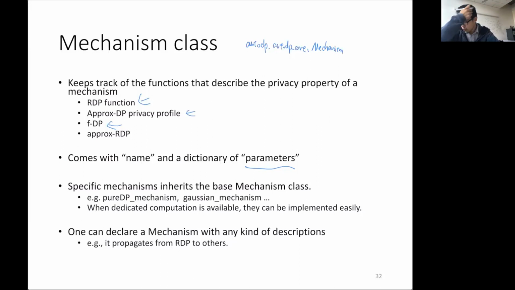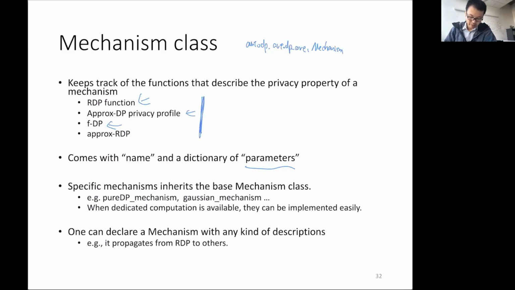Okay, so one interesting aspect of this mechanism class is that in order to declare a mechanism, all you have to have is just one of these descriptions. So say, for instance, you know the Rényi DP function, and then you can simply use that to start a mechanism. And suppose you just know the Rényi differential privacy for some fixed alpha, then you can use that to declare a mechanism as well.